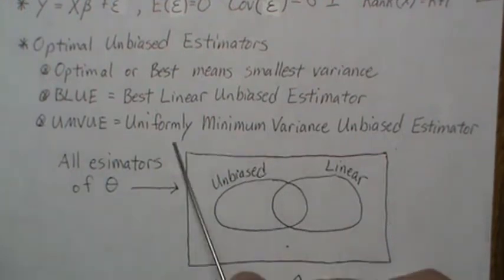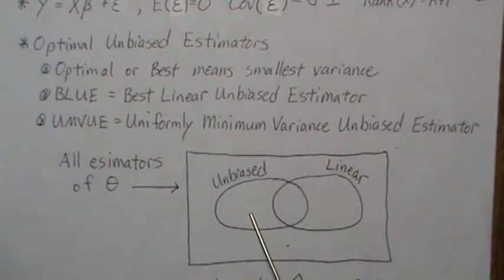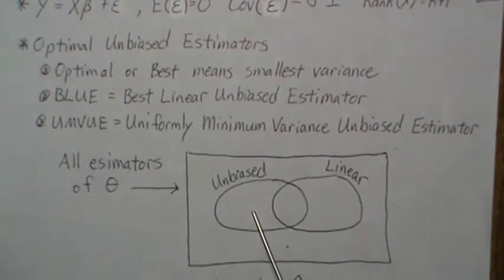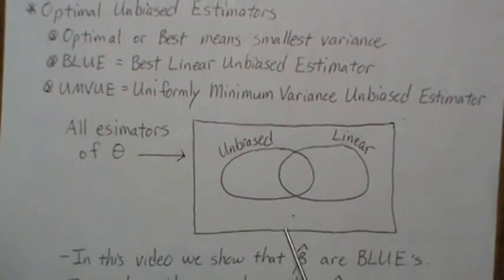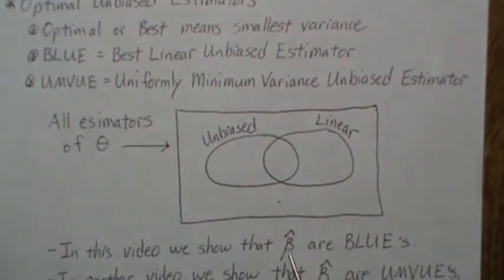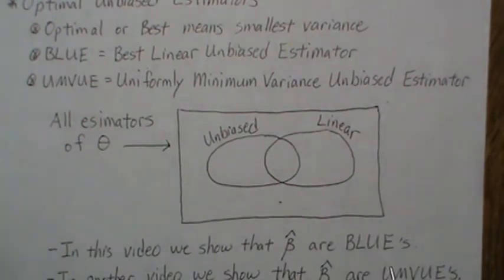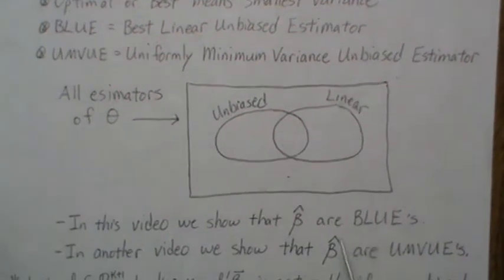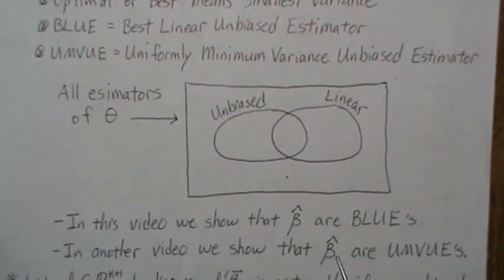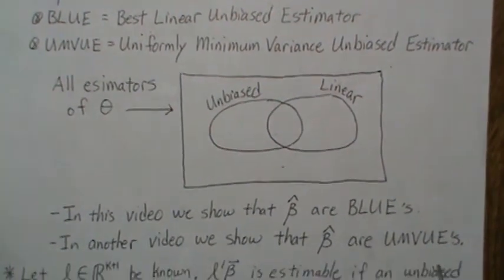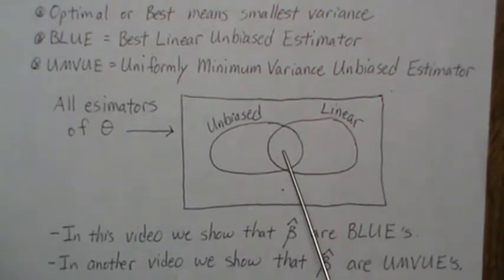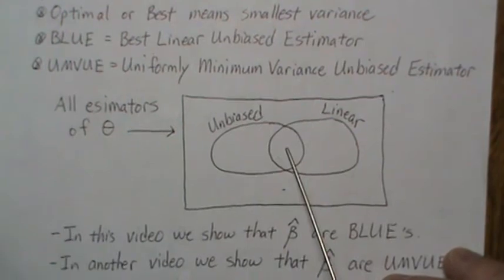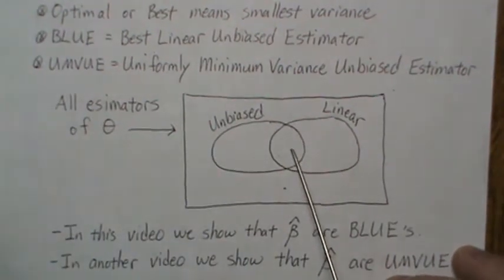So the UMVUE could be smaller than the BLUE. In this video, we're going to show the least squares estimates are BLUEs for beta. In another video, we're going to show the least squares estimates are UMVUEs. It turns out that the best is in here, both linear and unbiased.